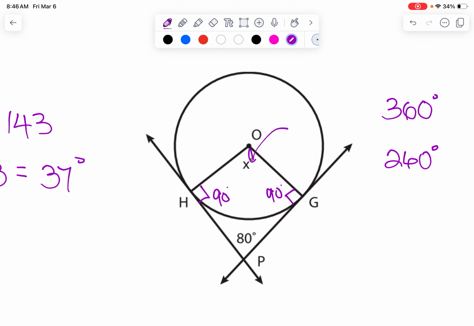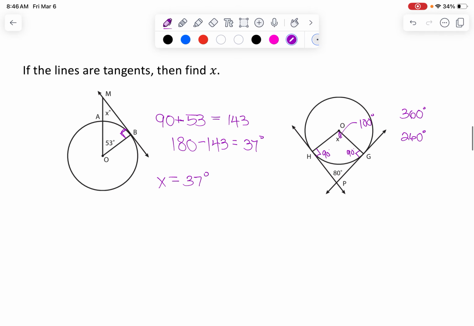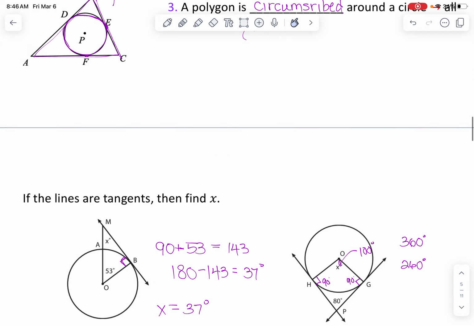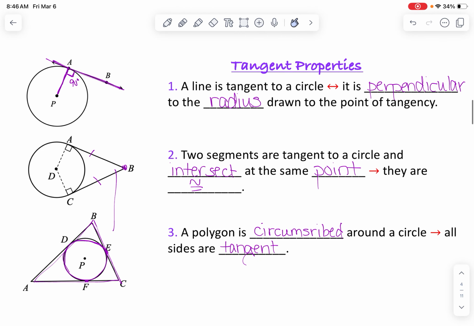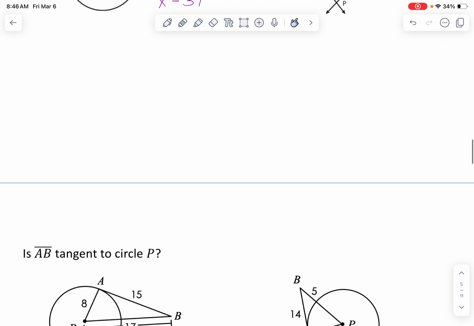So if I've got to get up to 360, I need that to be 100 degrees. That's how that works. That's just using that first property to help us out, and then knowing a little bit of other things. Okay.